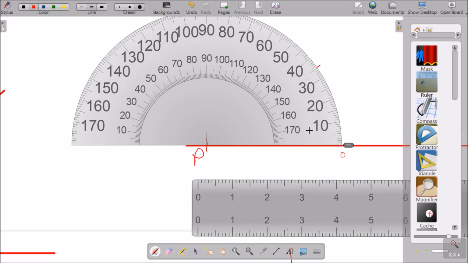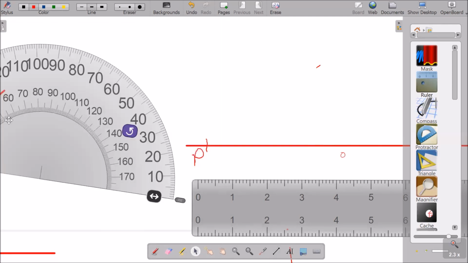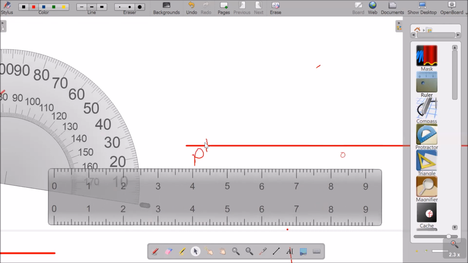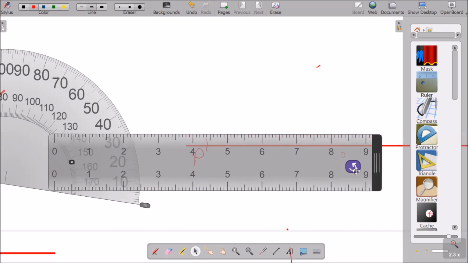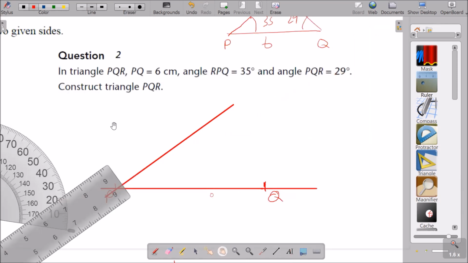That's where 35 is. We take our ruler, join these 2 points, P and the 35 degree point. Then we join with a straight line once we align this point to that point. A line through it, what we just want is the angle. Our angle here is 35 degrees.